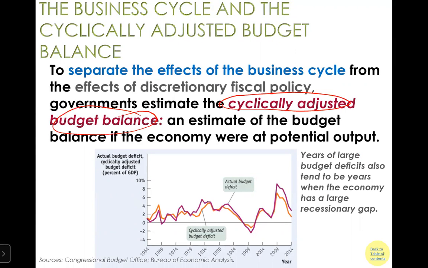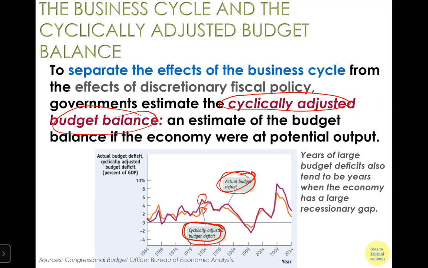So first we look at two different measures. This purple one is the actual budget deficit, and this brown or reddish one is the cyclically adjusted one, right? And what's the difference? When we are in recession, the cyclically adjusted budget deficit is smaller compared to the actual.